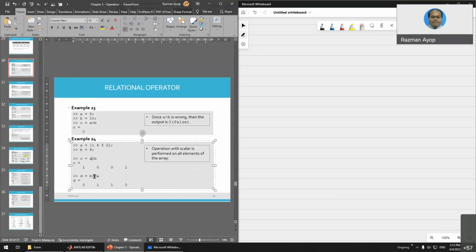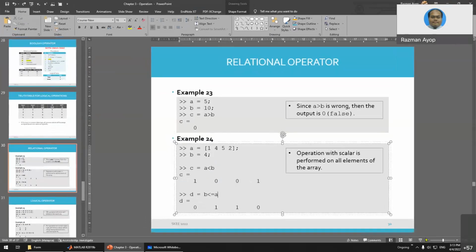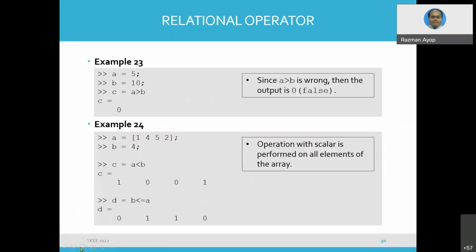How about this? D is B less than or equal to A. So B is less than or equals to A. 4 less than or equals to 1 is wrong, so 0.